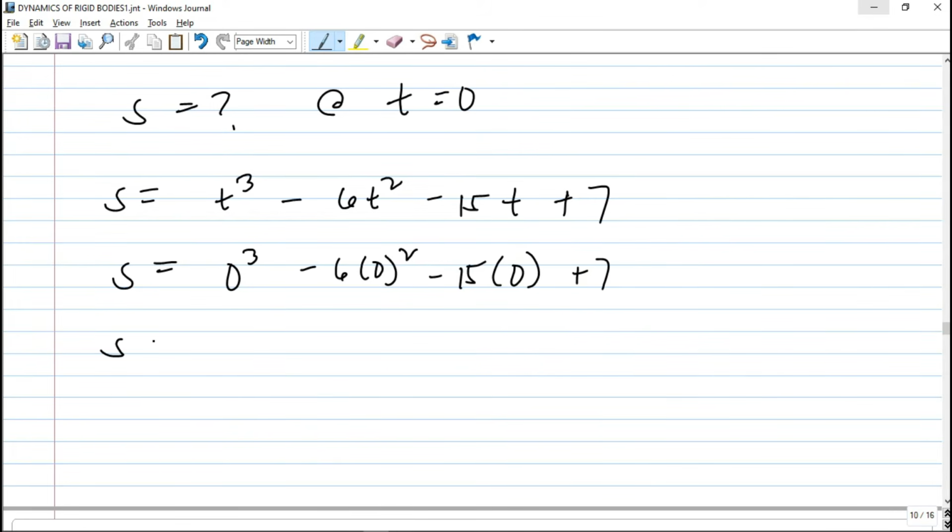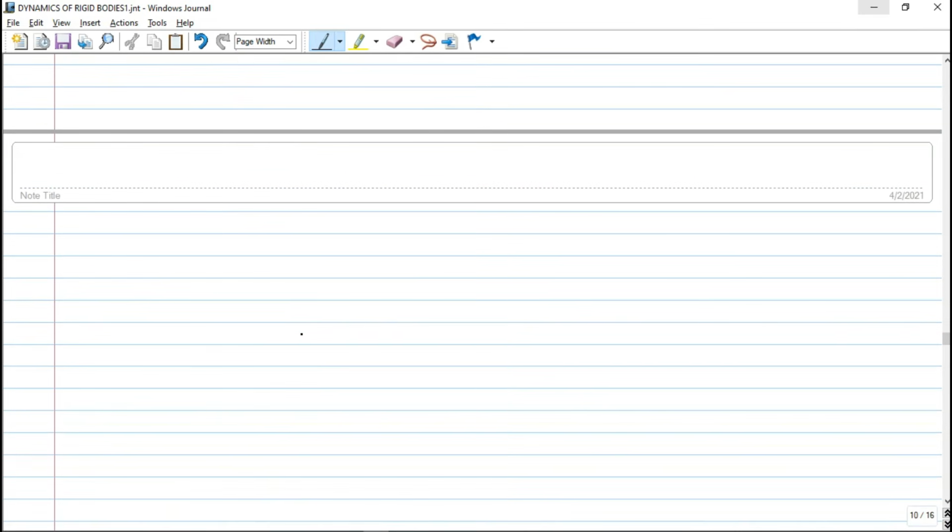So therefore, the initial position of the object is 7 feet. Okay, so i-graph natin siya guys, or i-drawing natin yung figure. Okay, from here, origin natin 0. The initial position from the origin is, we have here 7 feet. Okay, 7. That is 7. Then this is at time 0 seconds.